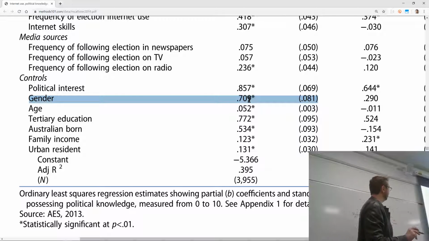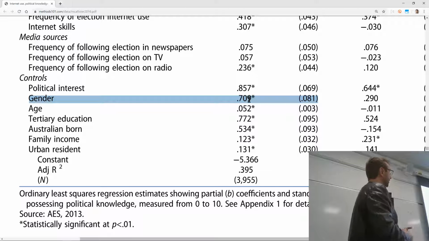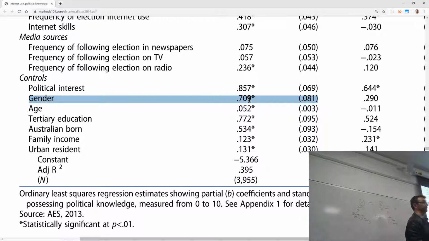So 1 unit movement is the difference between being male and female, and women get 0.7, which is almost 3/4 of a question more than men on average, controlling for all other factors.